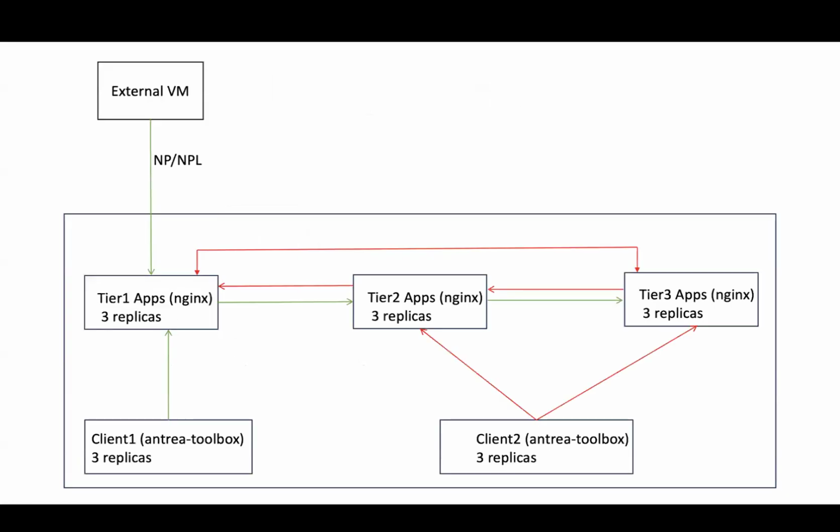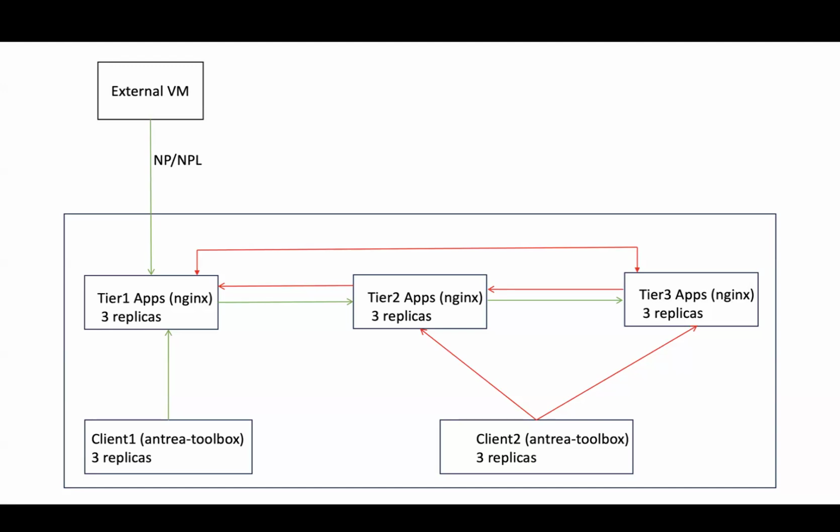So let me show you how the deployment was done. In one namespace, we had 3 deployments, like you can see: tier 1 apps using the Nginx image with 3 replicas, tier 2 apps, again 3 replicas with the Nginx image, and tier 3 apps with 3 replicas using the Nginx image. Now on all of these deployments, we had cluster network policies.